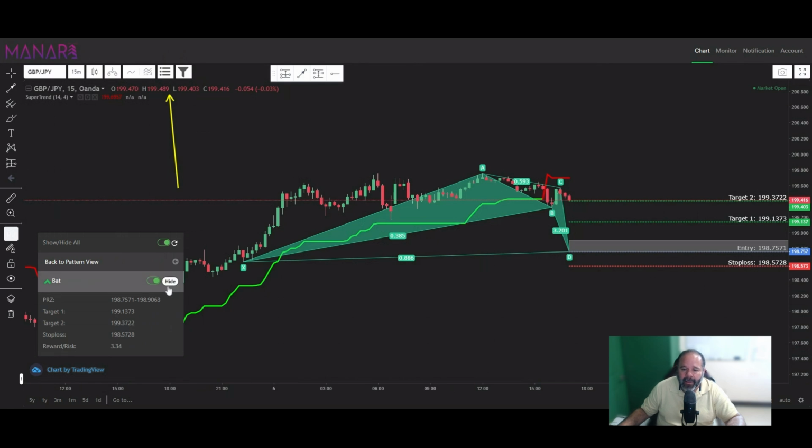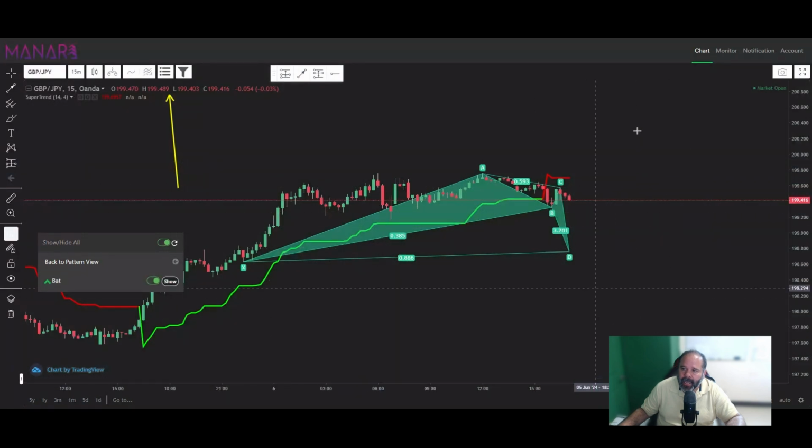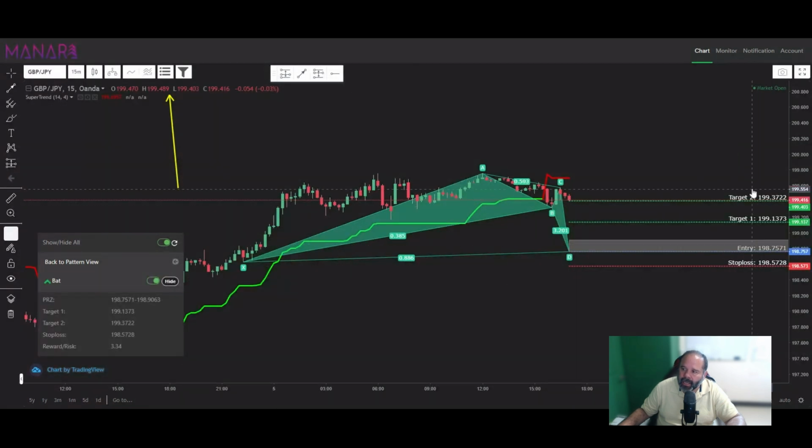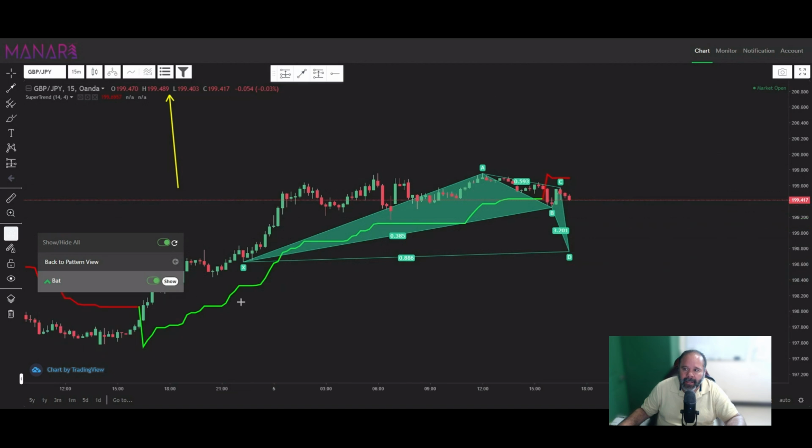Right here, there's a button that says hide. Look what's gonna happen when I click on it. You see, it deleted all the lines that I had here. Let me click on it, it says show, and you see target 2, 1, entry, and stop loss here to the right. So that's what I call clean the chart. That's the first thing I do.